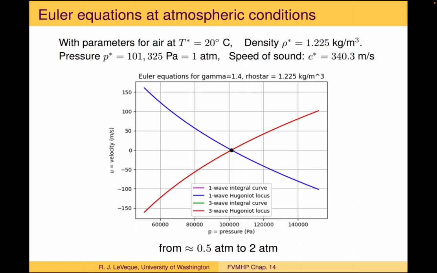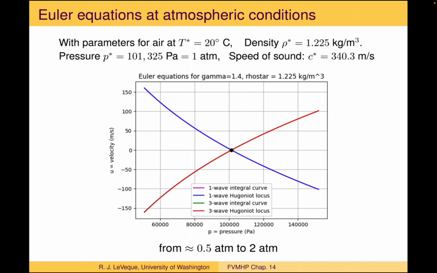Those plots that I showed, and all of the plots in the book and in that notebook, are using kind of non-physical values of pressure and density. You might wonder, what does a density of 3 mean? If we really want to relate this to actual air, it makes more sense to plot these things around the values of pressure and density that are relevant for atmospheric air.